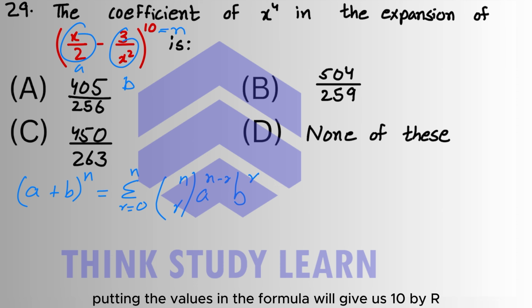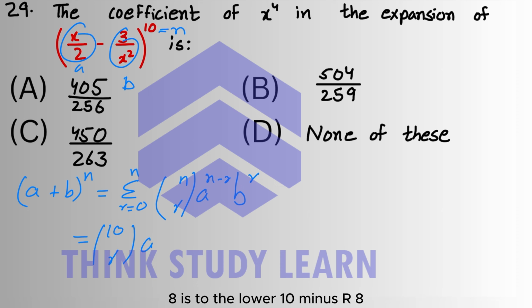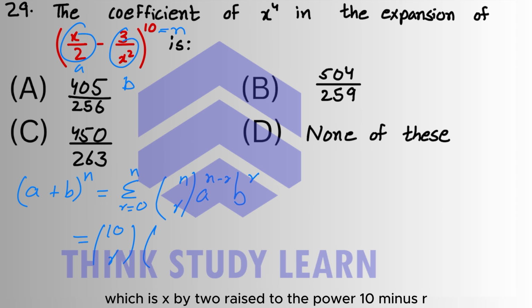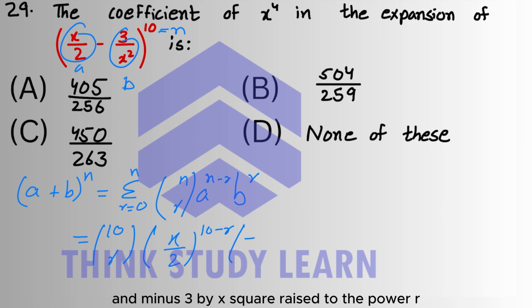So putting the values in the formula will give us 10Cr a^(10-r) b^r. We have to put the value of a, sorry. So putting the value of a, which is x/2, raised to the power 10 - r and (-3/x²) raised to the power r.